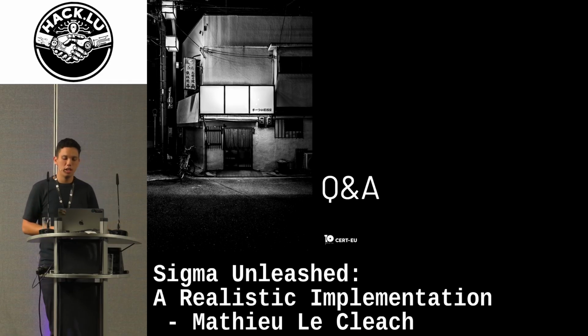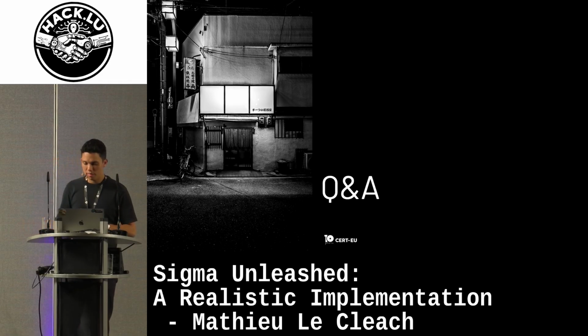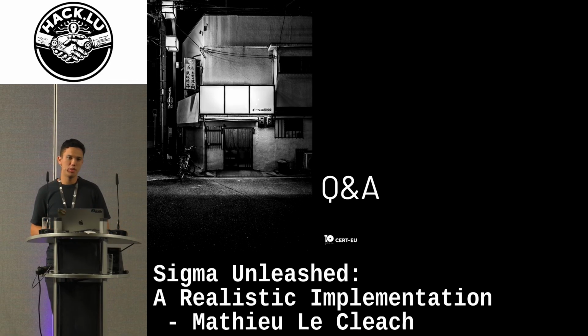So at RTU we have the ability to filter in the input and in the output. As I showed you earlier, we can put some filtering rules per Sigma rule.